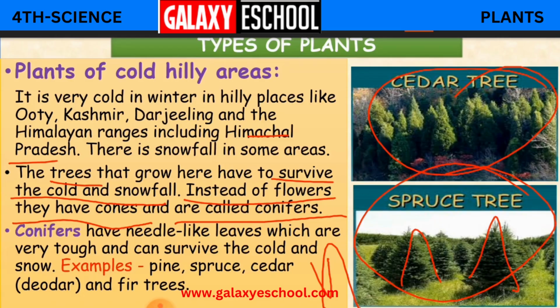Examples are pine, spruce, cedar, deodar and fir trees. You can see them in the pictures here. These are some examples of trees which survive in cold and snowy areas. So these are one type of plants which grow in cold hilly areas.